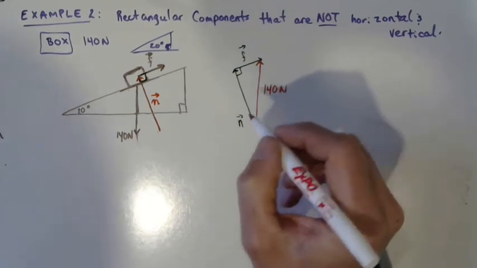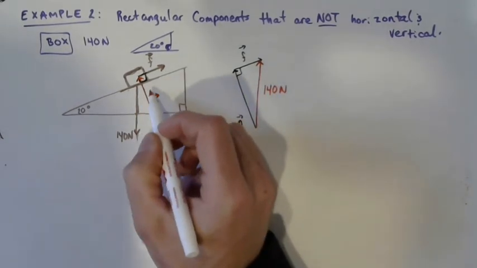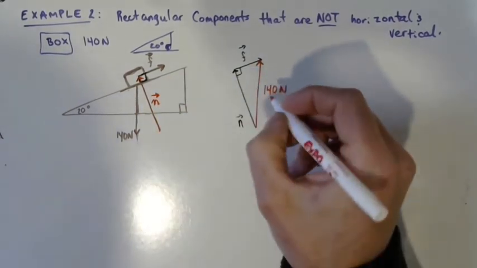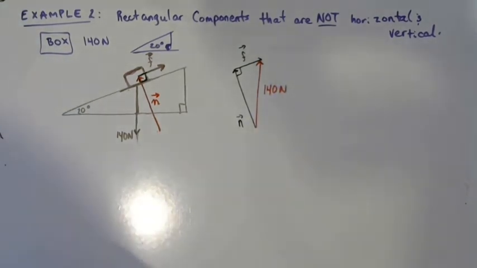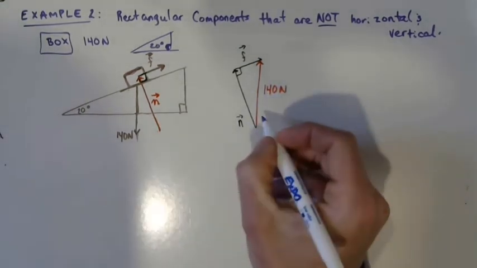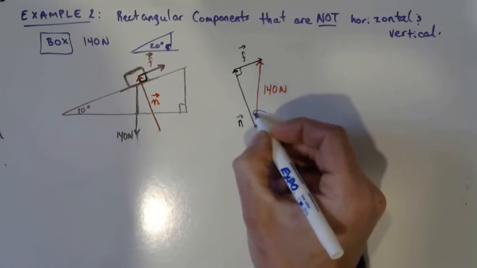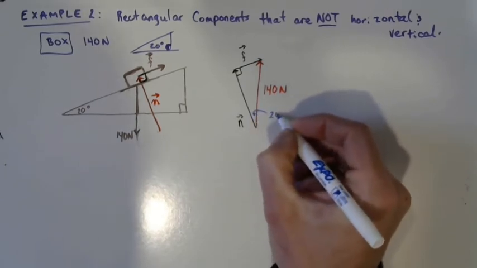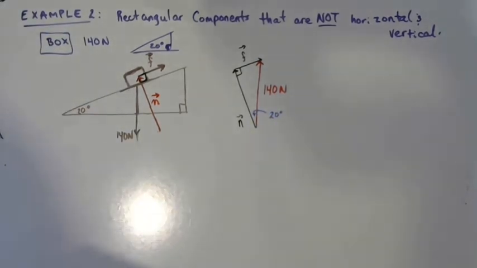And from our diagram, due to parallel lines and lengths and things like that, we actually know that this angle here is 20 degrees. All right.